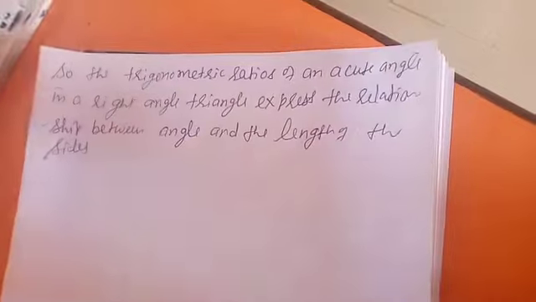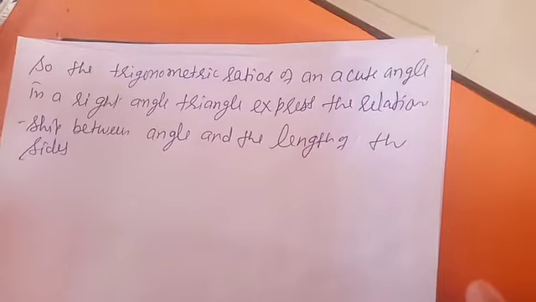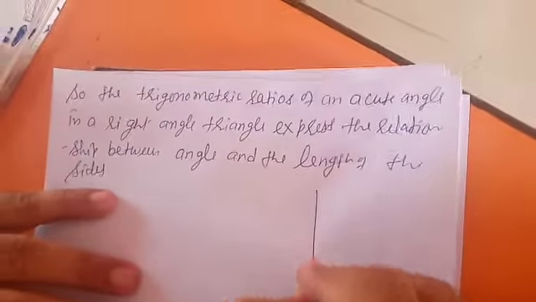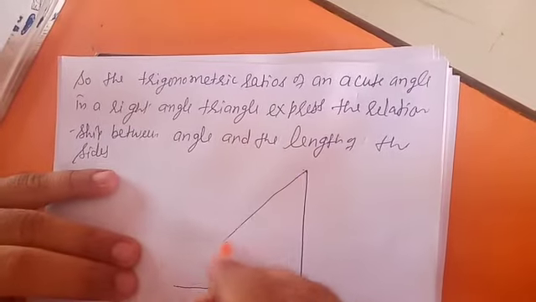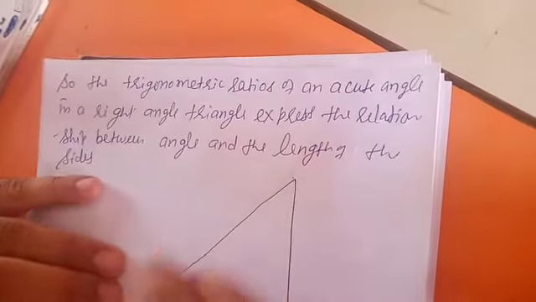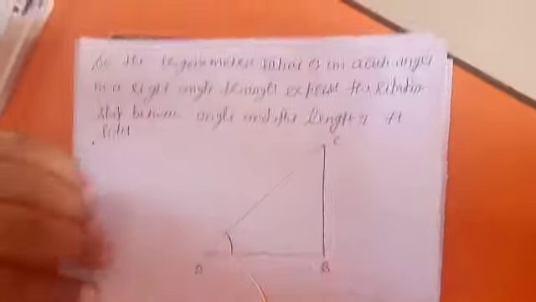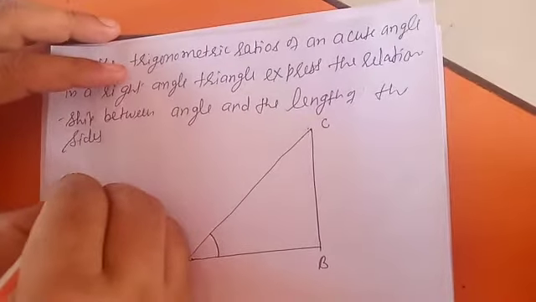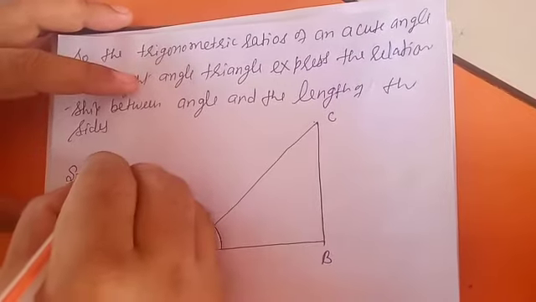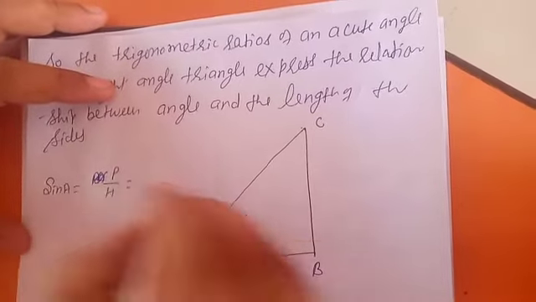Here is one basic thing I want to tell. Try to understand: this is A, B, C. This is your right triangle, and this is your acute angle. So sine of A is equal to perpendicular by hypotenuse. What's perpendicular?